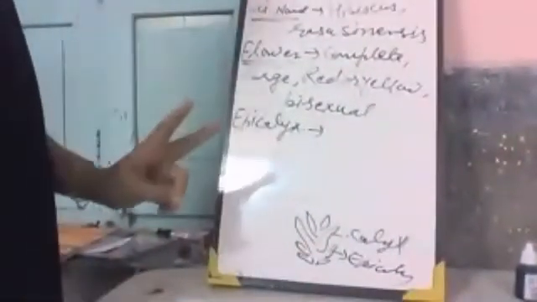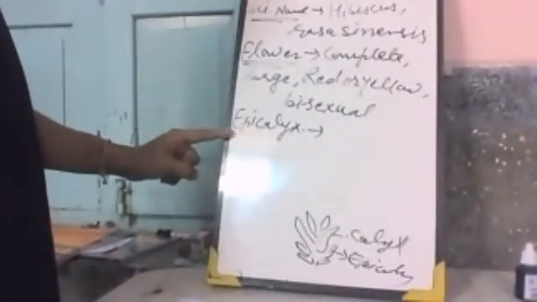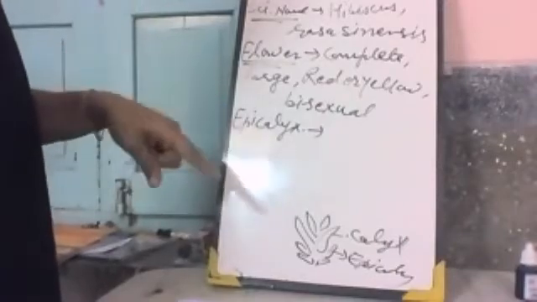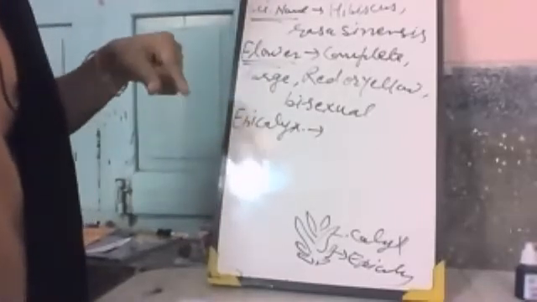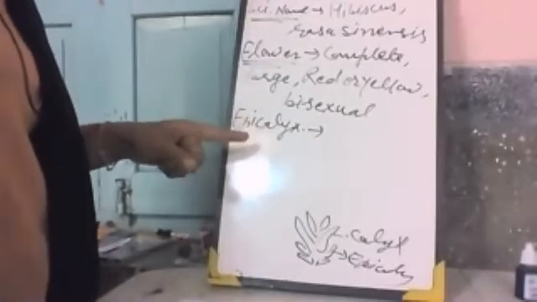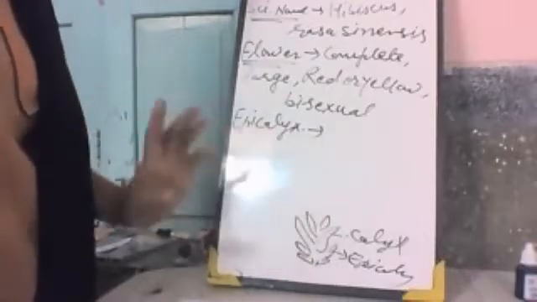Is it clear? There are two layers of small green leaves. The outermost layer of small green leaves is known as epicalyx, and on the inner side of this epicalyx, one more layer of small green leaves is found. That is calyx.